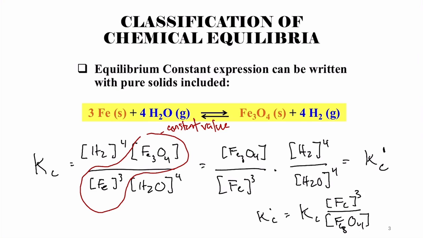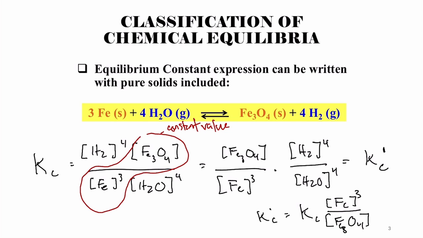Right, so because this ratio is constant, as we add more or less of iron oxide and elemental iron to the system, it's not going to shift the equilibrium in either direction, right? Because the density of those are so high, so as they react and form the other ones, it doesn't really change the molar concentrations of anything else.